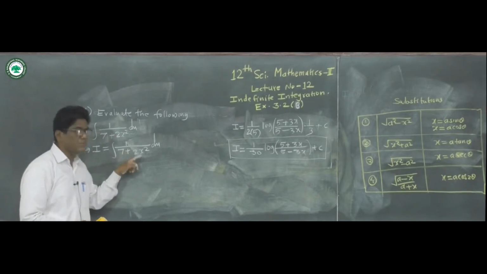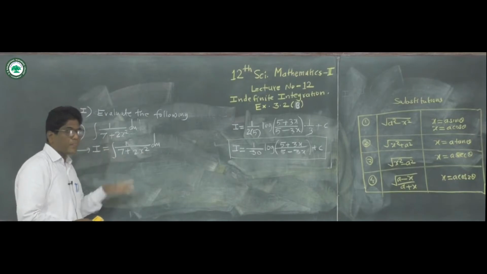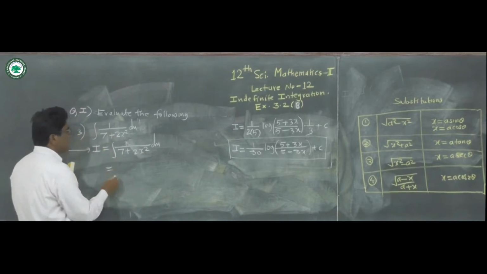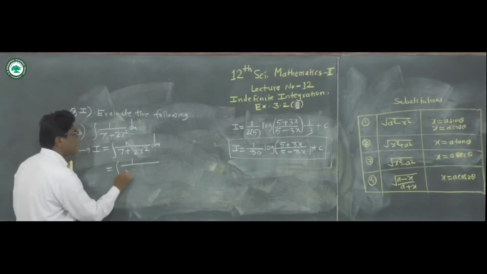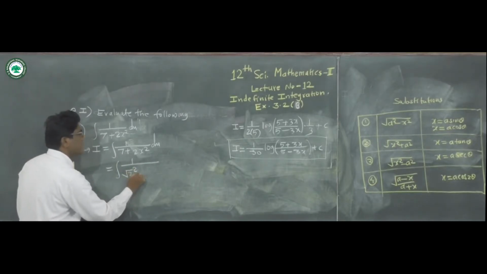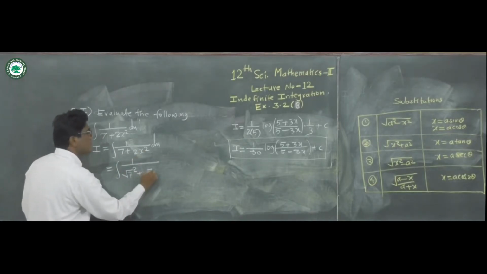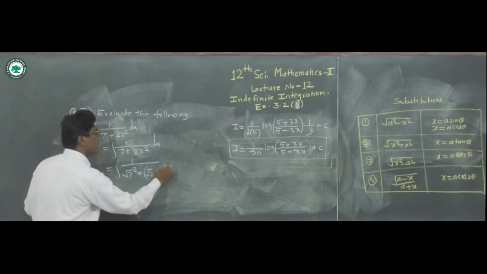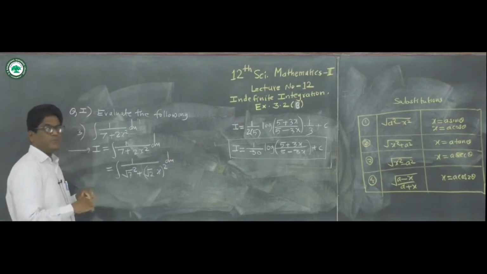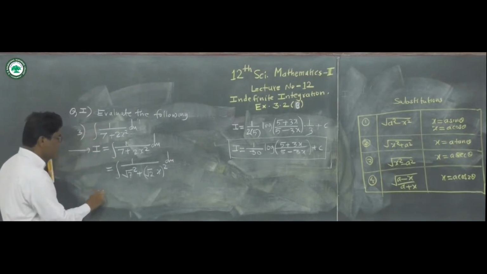When it is in the root, then take 2 common. So we write this is equal to integration of 1 upon root 7 square plus (root 2 into x) bracket square dx. And now use the formula. What is the standard formula?